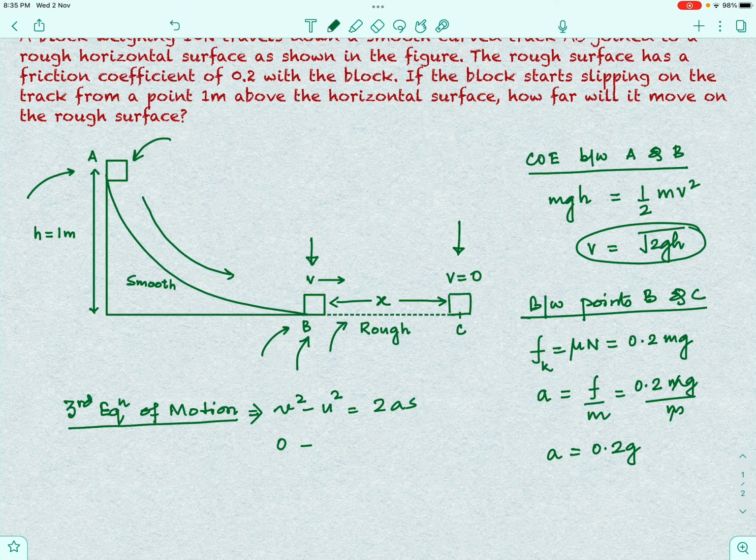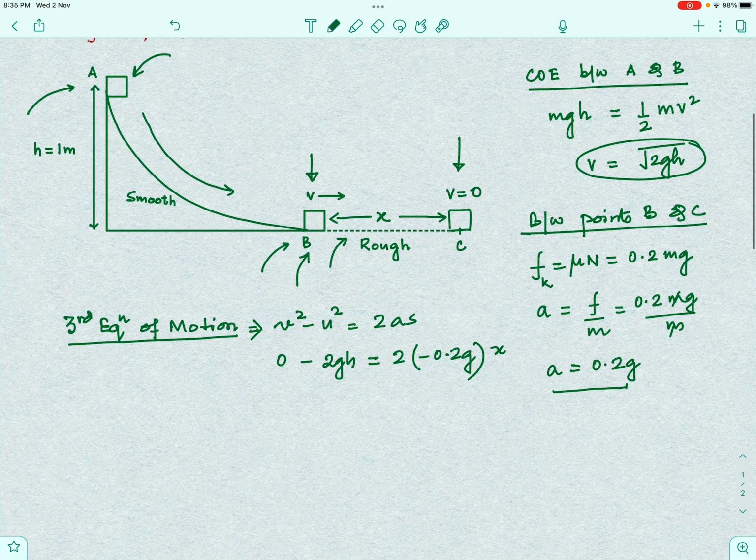So, this is root 2gh squared, so it will be 2gh is equal to 2 times acceleration here, understand, will be negative. This is a deceleration, so we will put it with the minus sign, minus 0.2 g into x, the displacement that we have assumed for the block between the points B and C. So, when we calculate this value of x from this equation, we see that 2 and g will cancel out and we will be getting x is equal to h by 0.2.